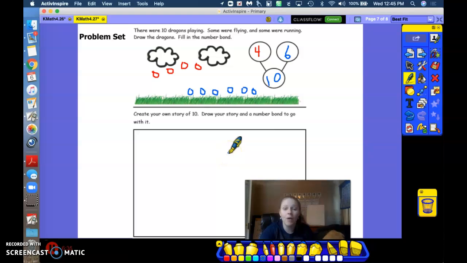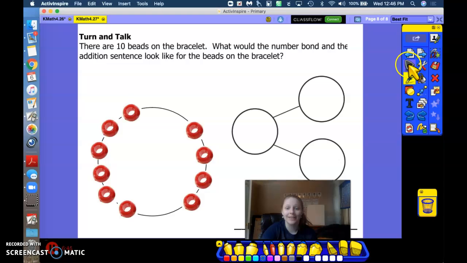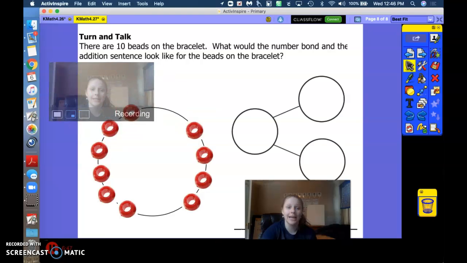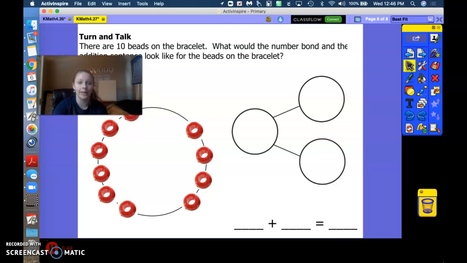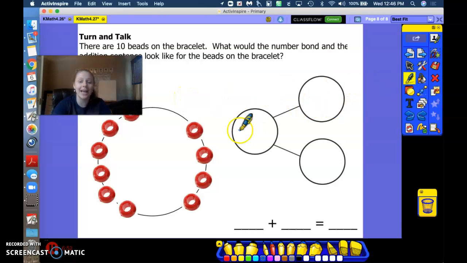On your own at home, make a story. You can use dragons or unicorns, anything that you want, and see if you can draw a number bond to go with it. All right, friends, here's our last problem for today. There are 10 beads on the bracelet. How many altogether? You heard that right. There's 10 in our whole. What would the number bond and the addition sentence look like for the bracelet?